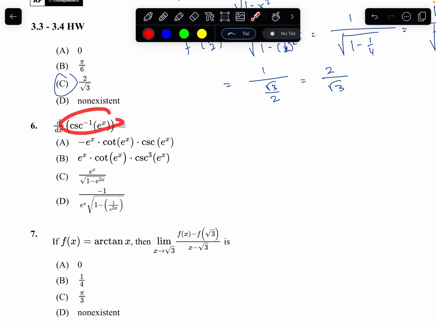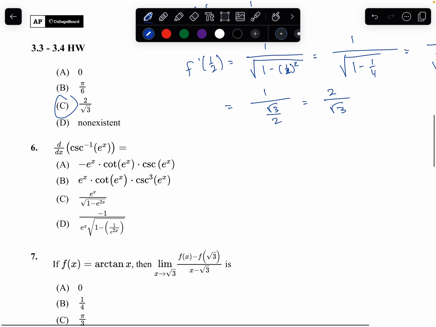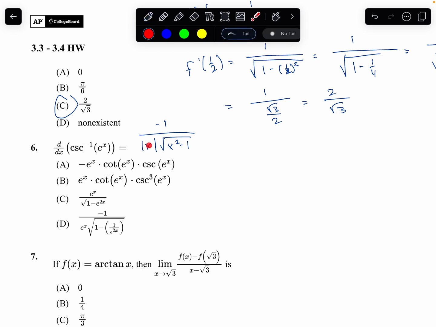All right, so cosecant. The derivative of cosecant, if you need the shortcut, is -1 over the absolute value of x times the square root of x squared minus 1. Now, we're not using x in this case, we're using e to the x. So that's what's going to be in place of that right there. And then we're also going to have to multiply by the derivative of e to the x, which is e to the x.